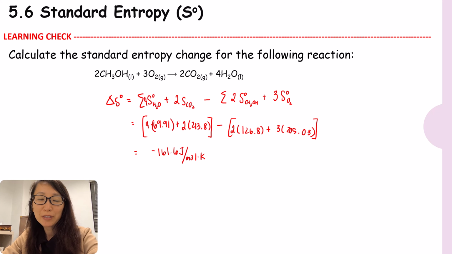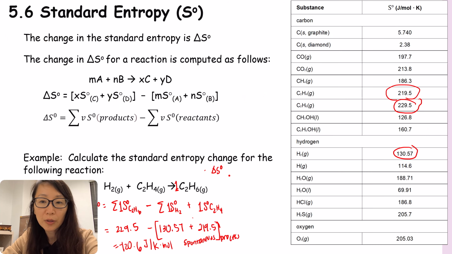Hopefully you were able to get this, in that you were able to put the coefficient in front of the entropy, and you found the entropy of the water, which is 69.91. So let me go back real quick. I find water, H2O, and there are two forms. There's one gas and one liquid, and the liquid is 69.91.